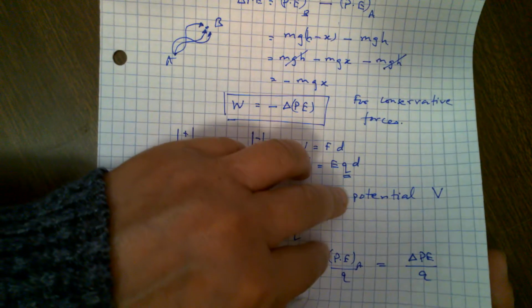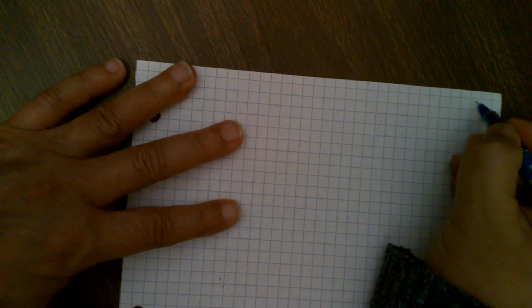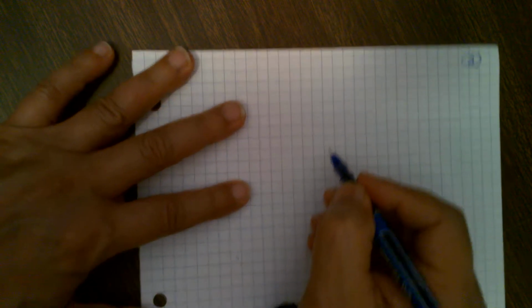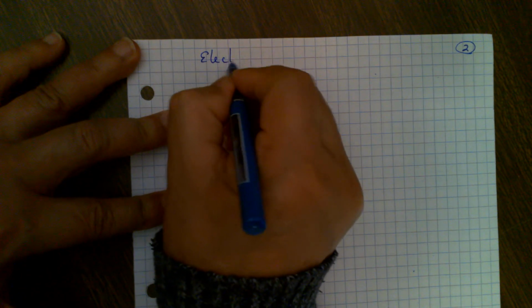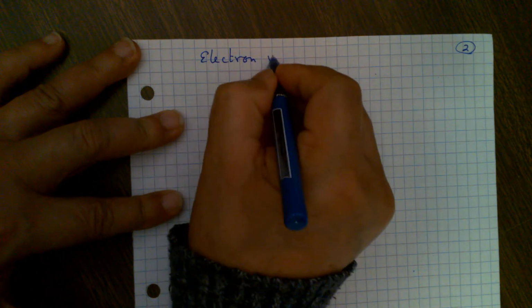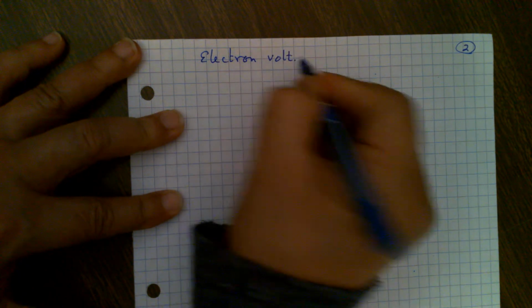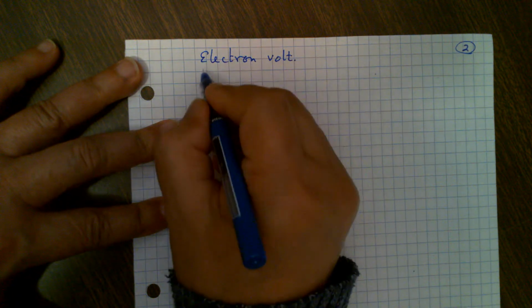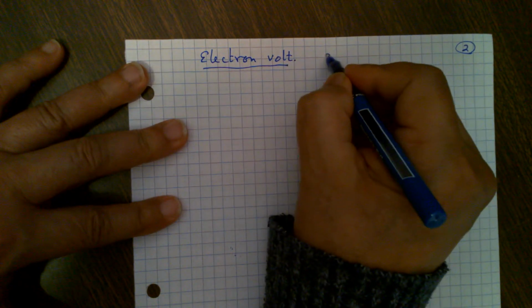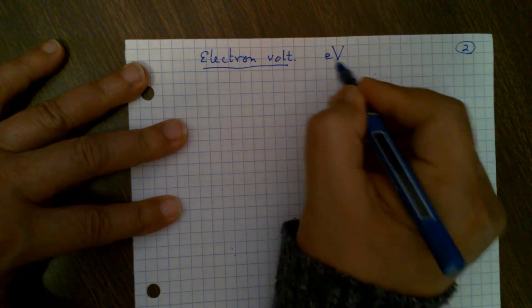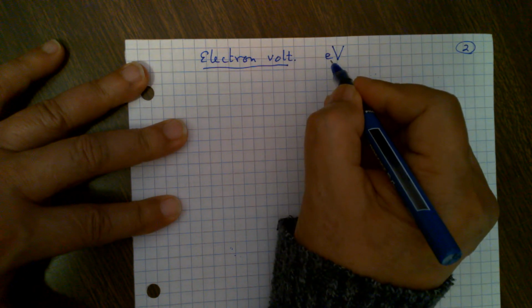Okay, now let's go to page 2. So now I want to define a concept called electron volt. So electron volt is a unit, and we write little e and a capital V, called electron volt.